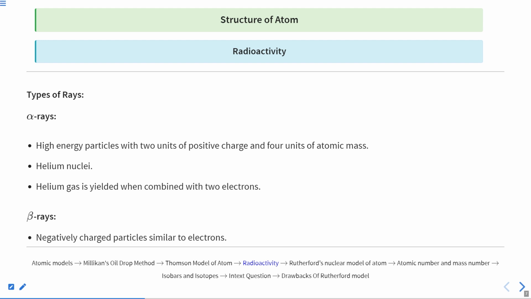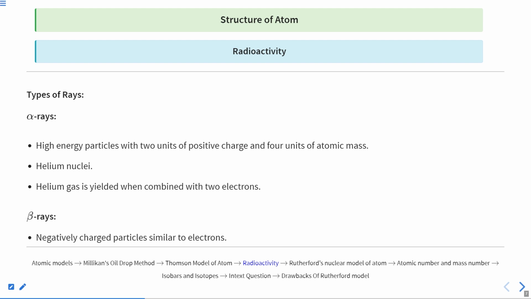Now helium gas is obtained when it is combined with 2 electrons. So alpha particle is He2+. We are removing 2 electrons, and now only 2 protons are there, making it charged with a charge of 2 plus, and since there are 2 neutrons present already, we know that the mass of the helium atom is 4.